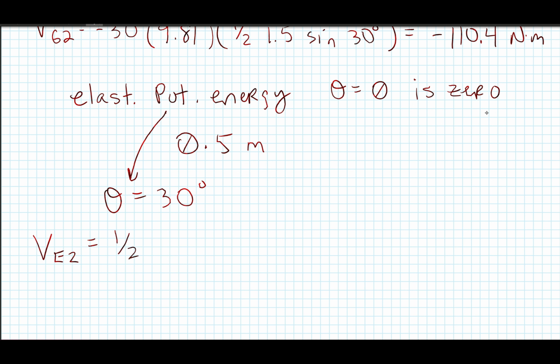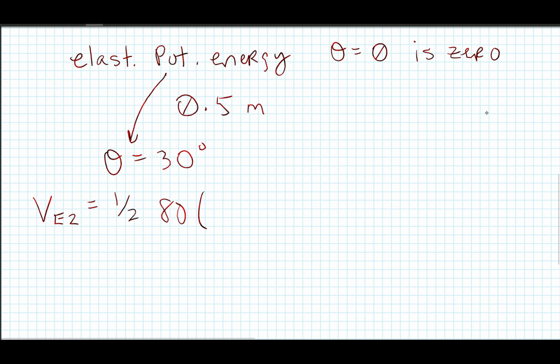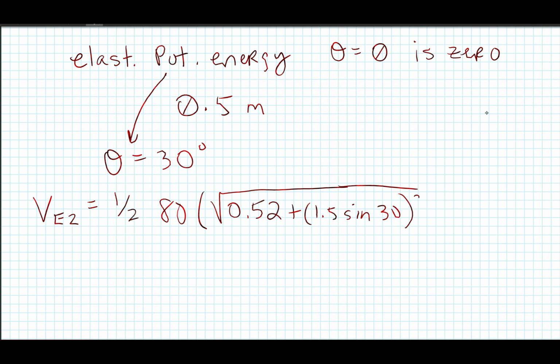So then we have 1/2 times 80 times the quantity of the square root of 0.5 squared plus 1.5 sine 30, right, squared, minus 0.5 squared. And that's equaling out to 6.444 N·m.